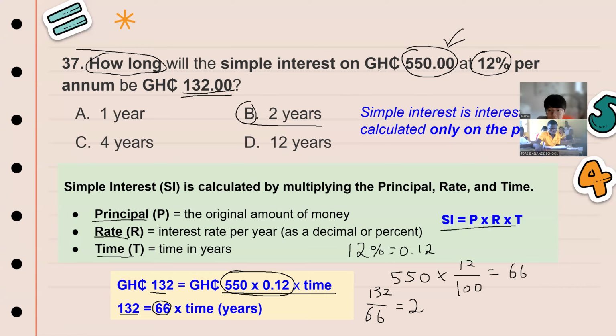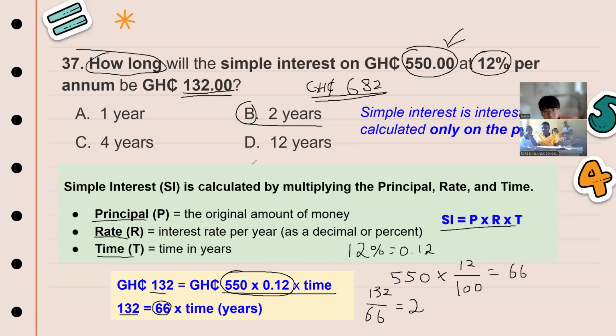So this person, after 2 years, will have a total amount of 682 Ghana cedis, because this person originally had 550 and earned 132 in interest after 2 years. So the total he or she has is 682 Ghana cedis.